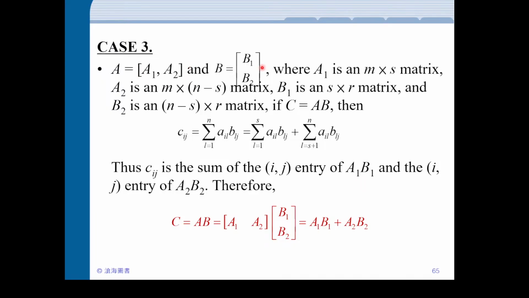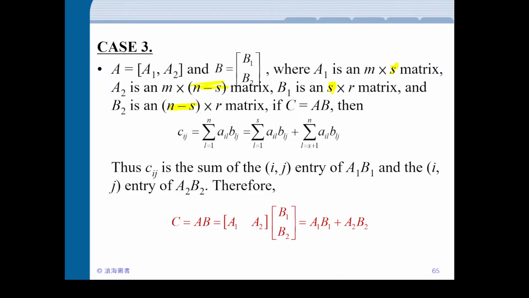Okay, and you can have another case where you divide the middle part, so A1 and A2, and B1 and B2, where you divide A in the columns and B into rows, and so the A1 dimension and the B1 dimension need to match, and that's exactly what happens. So that's the number of columns of A1 matching the number of rows of B1, and also this n minus s and n minus s match.